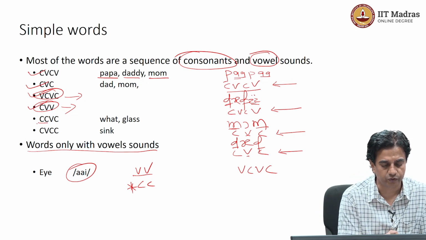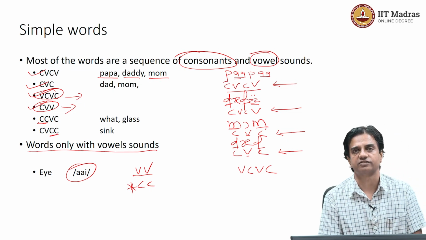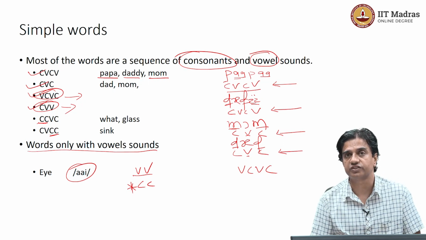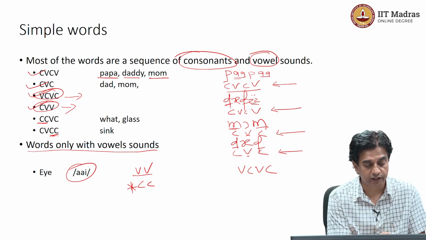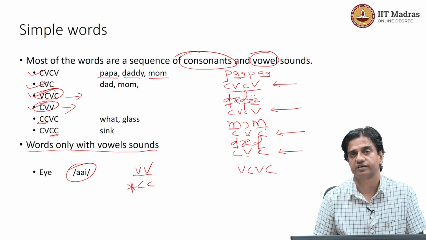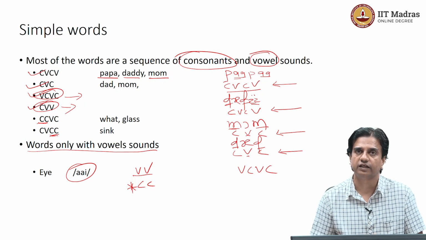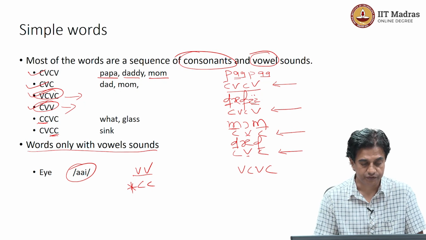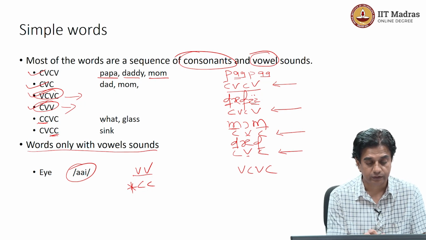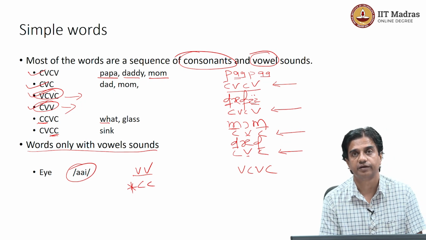This is how you are going to see a cluster. Meaning, a cluster of two consonant sounds is also possible at the end of a word, and in some examples that we will see at different stages, a cluster of two consonant sounds is also possible in the middle of a word. So examples like this, where two consonant sounds are making a cluster.